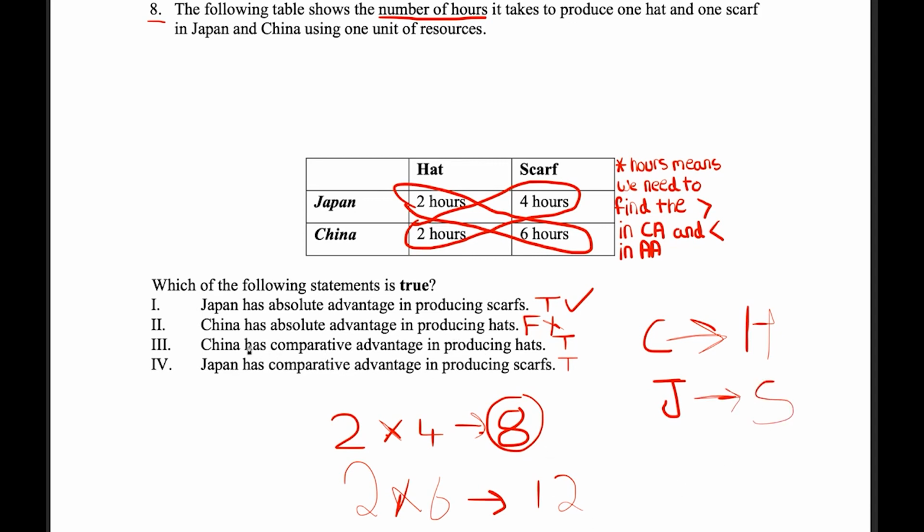Let's see. China has a comparative advantage in hats. That is true. Japan has a comparative advantage in scarves. That is also true. My quick and dirty worked, and it should always work.